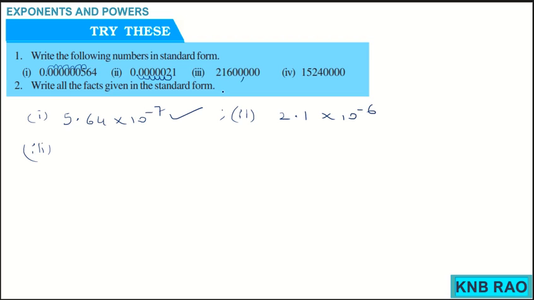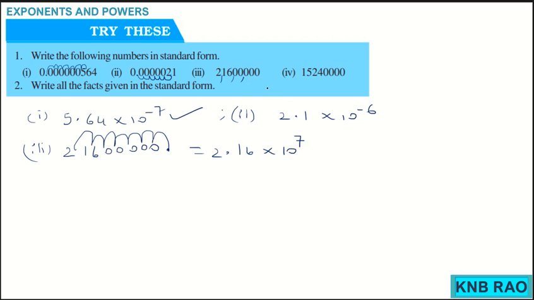You can read it as 2 crore 16 lakh. This 2 crore 16 lakh, where the point is here, is supposed to be shifted once, twice, thrice, 4 times, 5 times, 6 times, 7 times. So it can be written as 2.16 into 10 to the power plus 7.